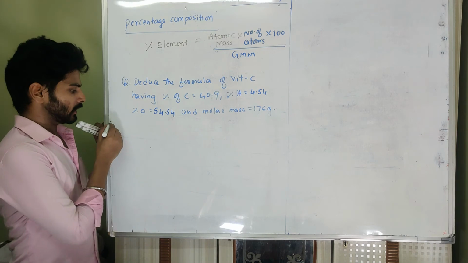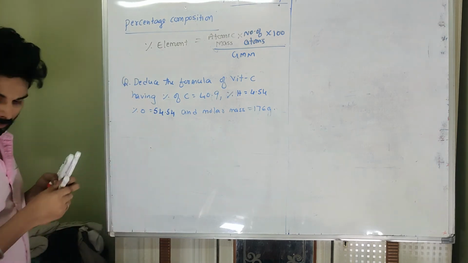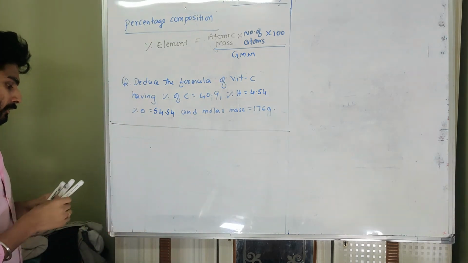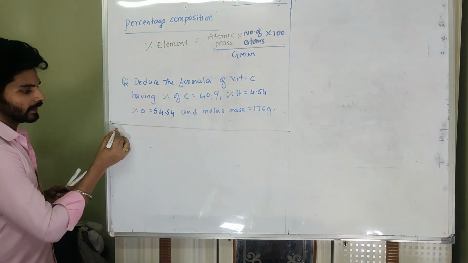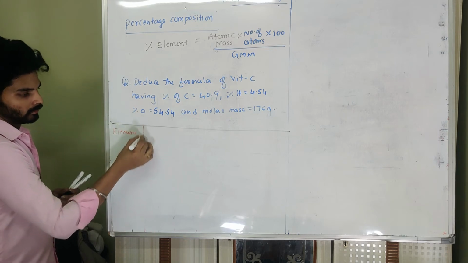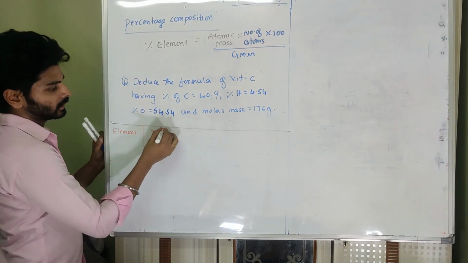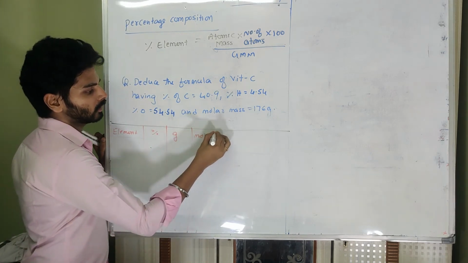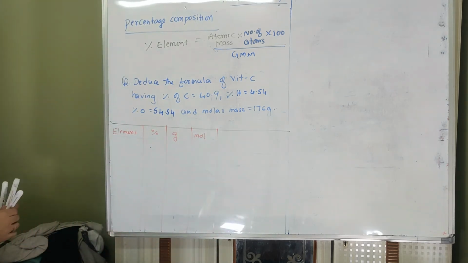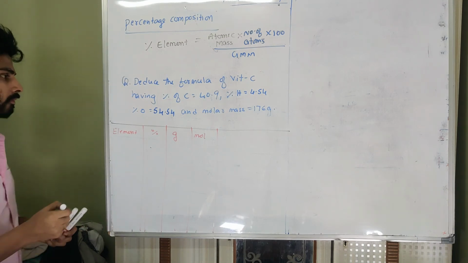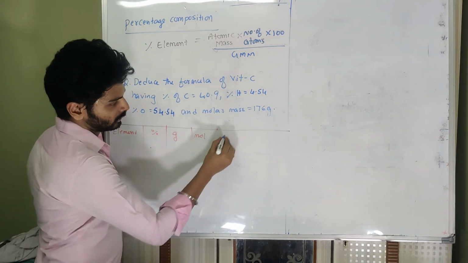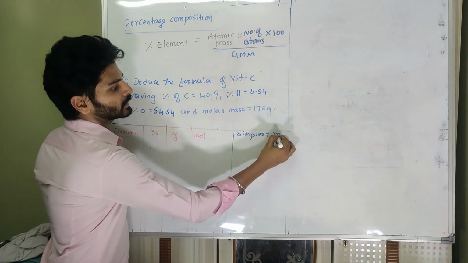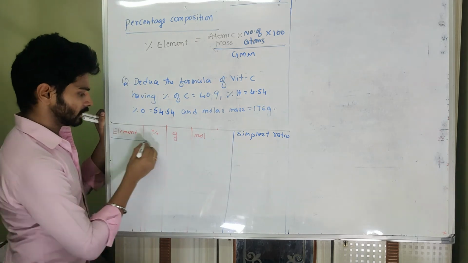We have to make one table, where the first column will be the element name, and then their percentage, gram and mole. Thereafter, simplest ratio. Now we will see what this is.